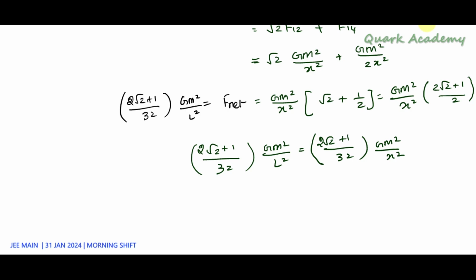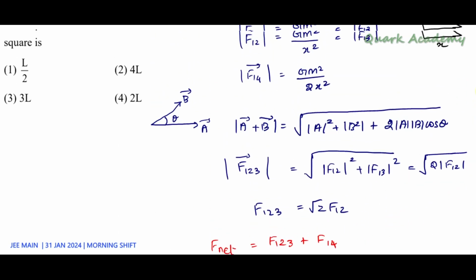Oh, sorry, it's not 32, here it is 2 only. Yeah. So 32 L squared will become 2x squared. So x squared equals 16 L squared, x equals 4L. So the length of the square is 4L.